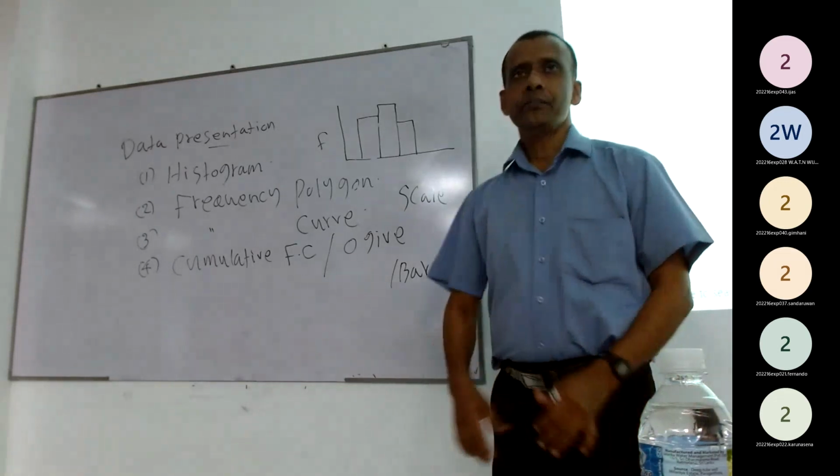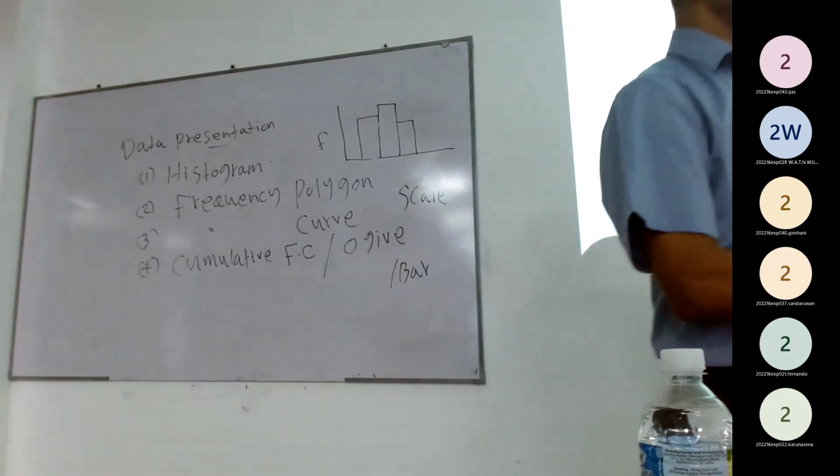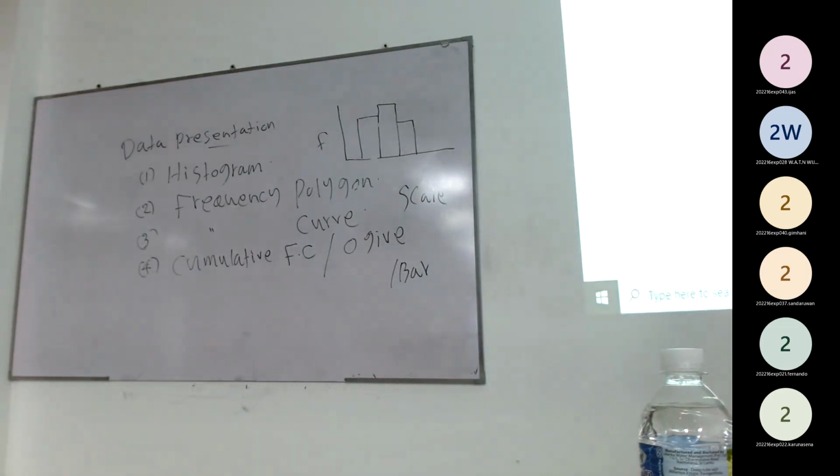The area covered by histogram, frequency polygon, and frequency curve will be equal.